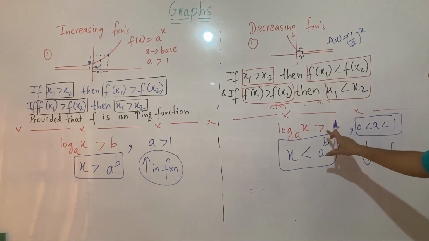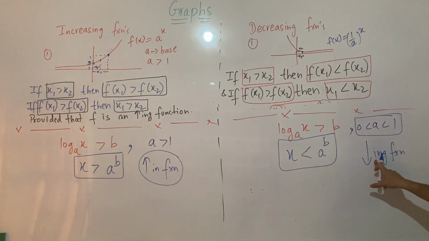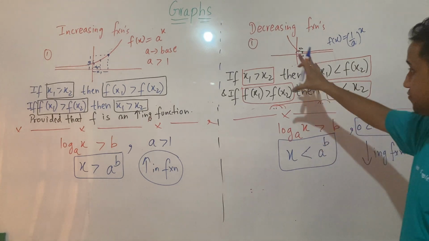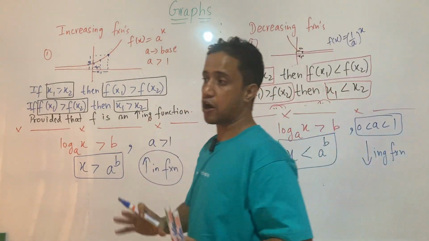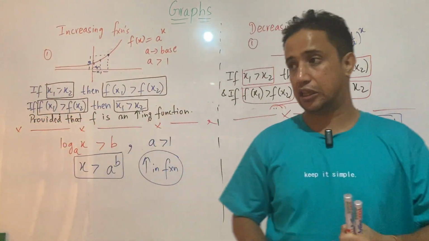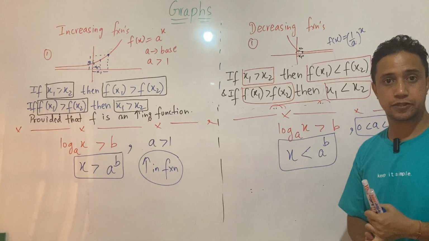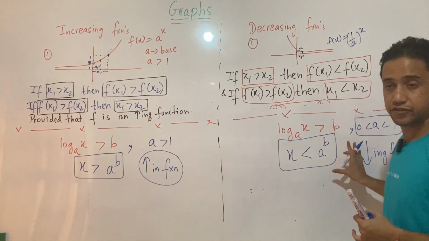Why? The sign of inequality gets reversed, because this is the decreasing function. If you understand this, you are going to understand this. All these things are going to be the game changer when you deal with logarithmic inequalities. So just remember this.